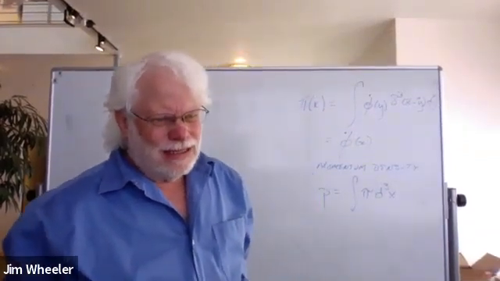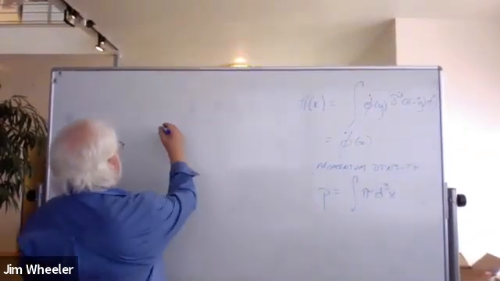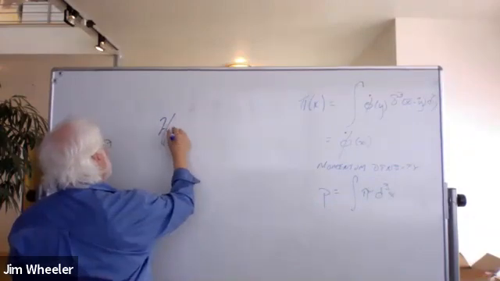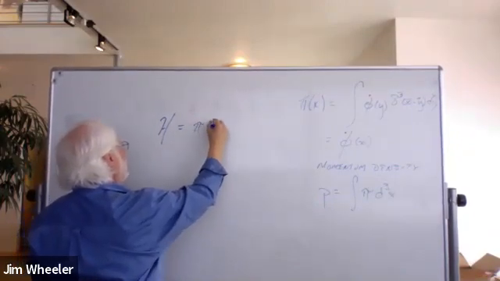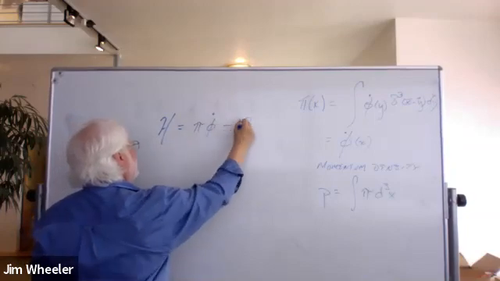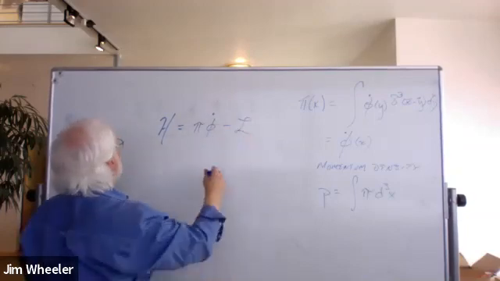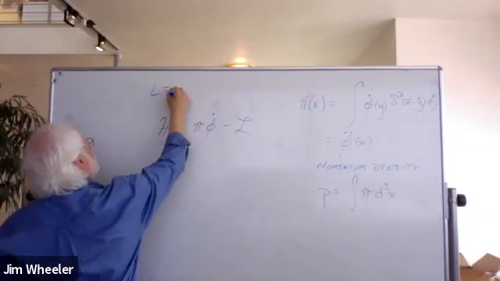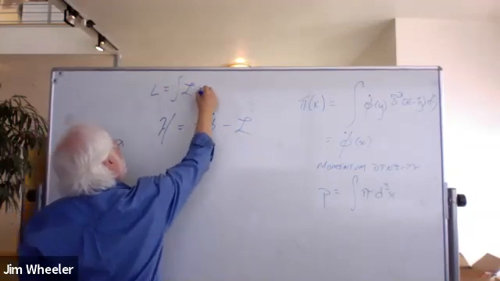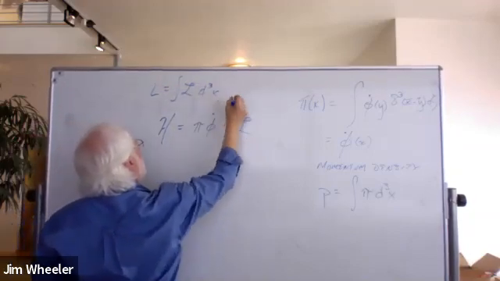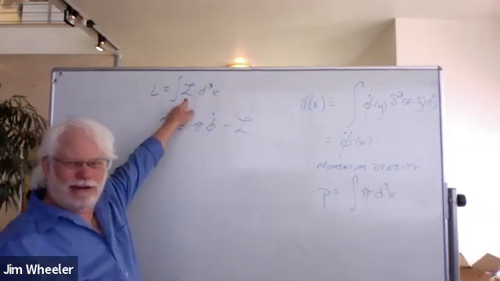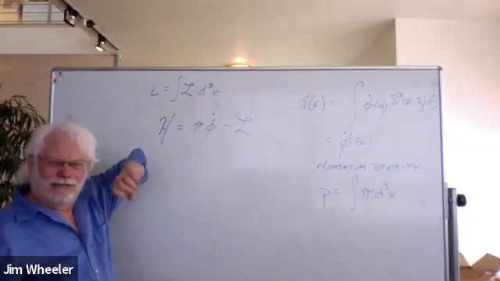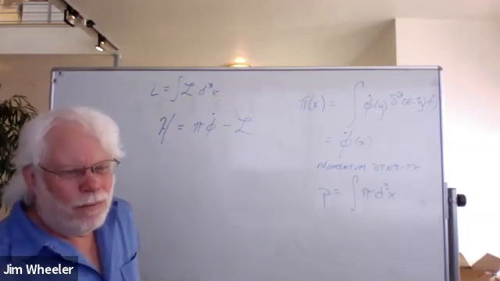So what we're going to write is actually a Hamiltonian density. We're going to write pi phi dot minus the Lagrange density, where the Lagrangian is the spatial integral of the Lagrange density. So this is your grad phi and your phi dot squared stuff.